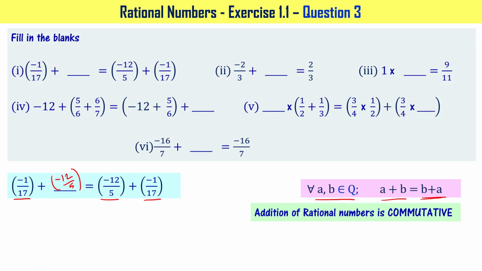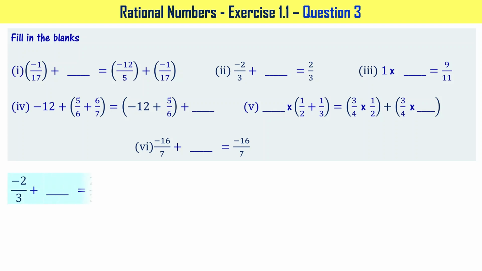Now let's take a look at the second part. Minus 2 by 3 plus dash equal to 2 by 3. Let me say that minus 2 by 3 plus x equal to 2 by 3. Then let's find the value of x. To do that, we can take minus 2 by 3 from this side to the other side.